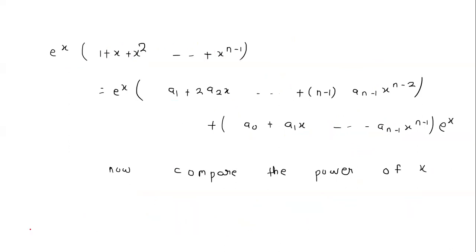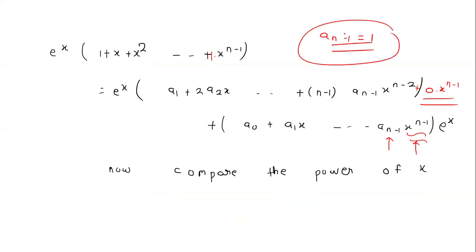And you can also see, if you look at this x power n minus 1 here, the coefficient is a n minus 1, and here we don't have the x power n minus 1, so the coefficient here is 0 for x power n minus 1, and in the left hand side this coefficient is 1, so this a n minus 1 value must be equal to 1.